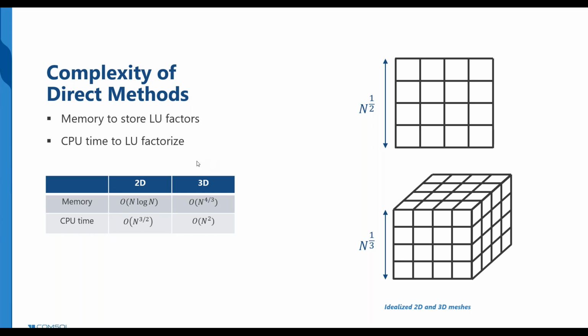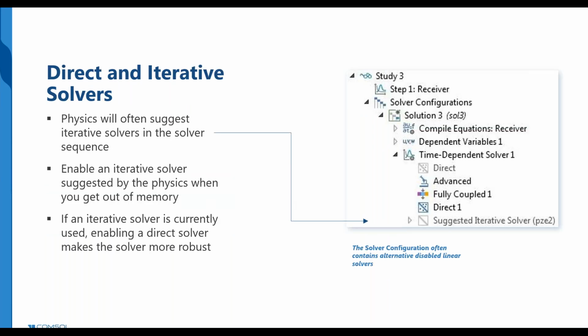But for 3D, it does not scale as well. First of all, the problems naturally become larger for 3D, but the scaling law here, the power here, is important. And I will illustrate that soon. This is for idealized meshes, which are cube-like in shape, but this is also the typical behavior you obtain.